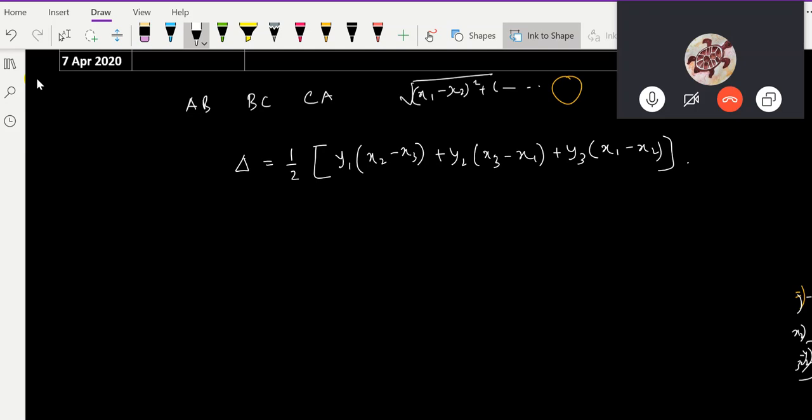As I said, there are n number of ways of doing this, okay? But the difficulty level varies. So if you're trying to do it with half base into height, then you have to find out the height. And the way to find out the height is the way I showed you. You have to find the slope of the base, get the slope of the height, and then put it in the two equations to find out x and y, which is way too cumbersome.